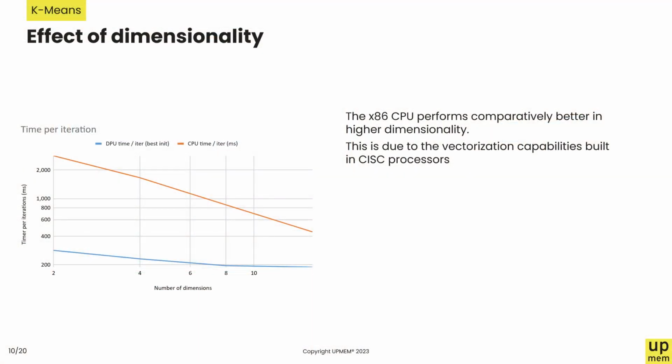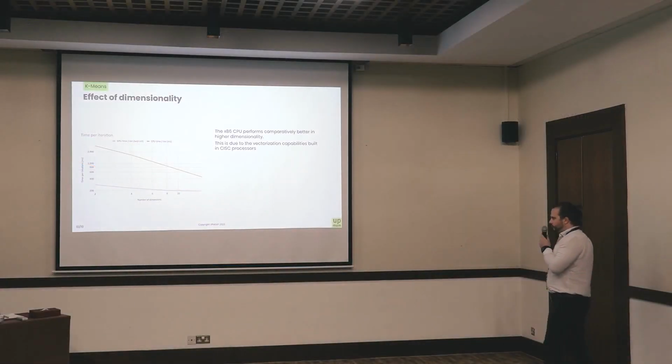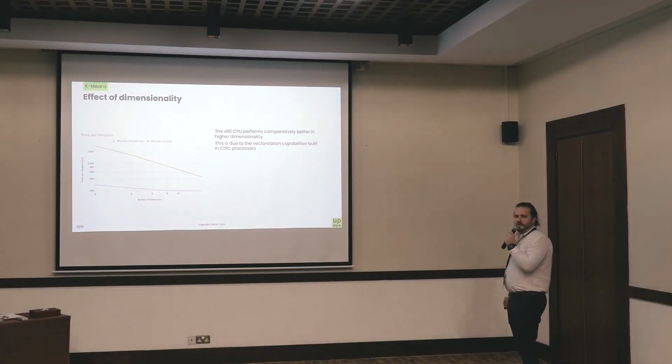We generate several synthetic data sets. And the idea is we keep the same total volume of data, we just change the dimension and see what happens. And we see that, generally speaking, the higher the dimension, the better the CPU performs compared to us. And I mean, the reason for that is really simple.